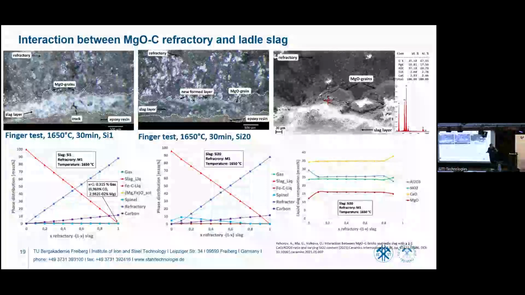So we made experiments. We took samples and looked at the sample in SEM, and we found this new layer, the new spinel layer. It was mapping from SEM, and so if we have a new spinel layer in the refractory, the further infiltration of slag is stopped. Okay, it was my part, and now it is Anhelina.